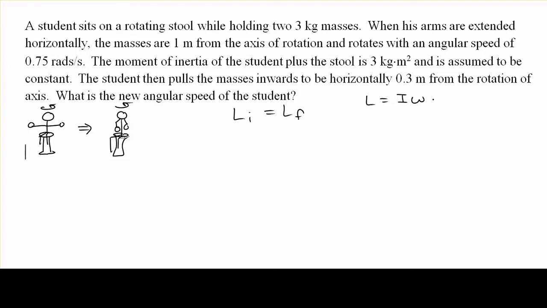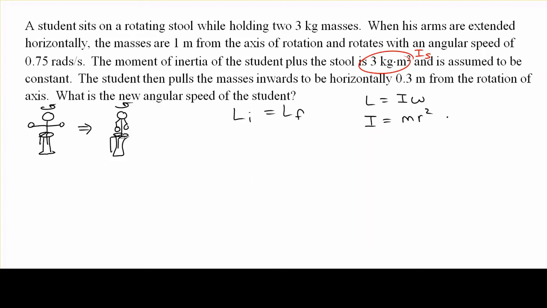We're told that the moment of inertia for the student and the stool, we'll call that I_S, is going to be a constant at 3 kilogram meters squared. But my two objects that are hanging out are just acting as point masses that are rotating. And for a point mass that is just rotating, the equation for moment of inertia is just mr squared.